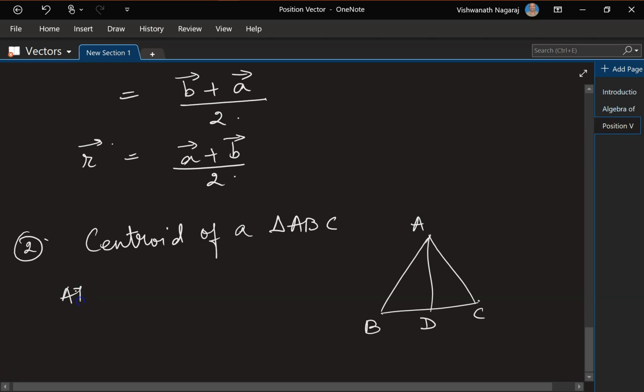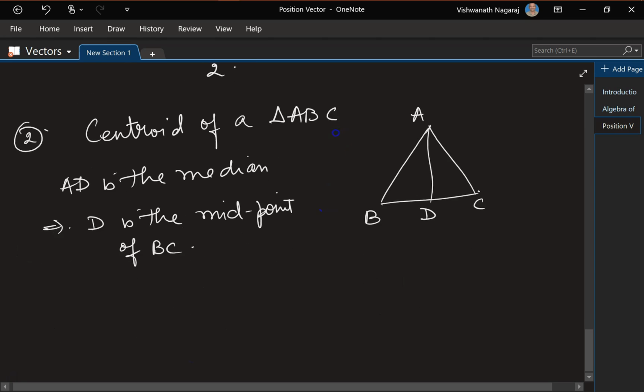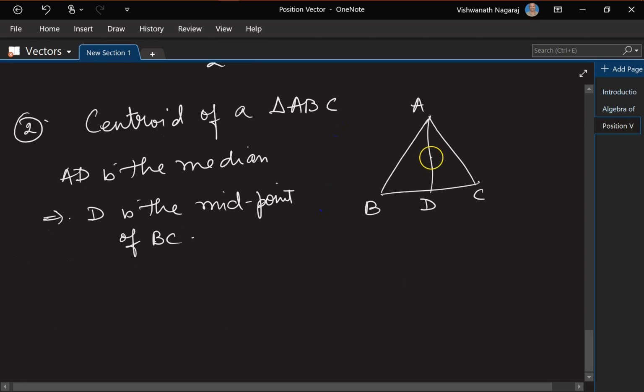So AD is the median, which implies that D is the midpoint of BC. And here this is, let's say, G. Now G is the centroid of triangle ABC. Basically, what is the centroid?